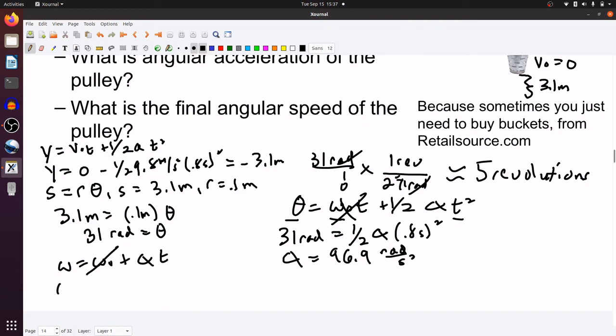This is 0, so omega is equal to 96.9 radians per second squared times 0.8 seconds. So 96.9 times 0.8, and that gives you roughly 77.5.